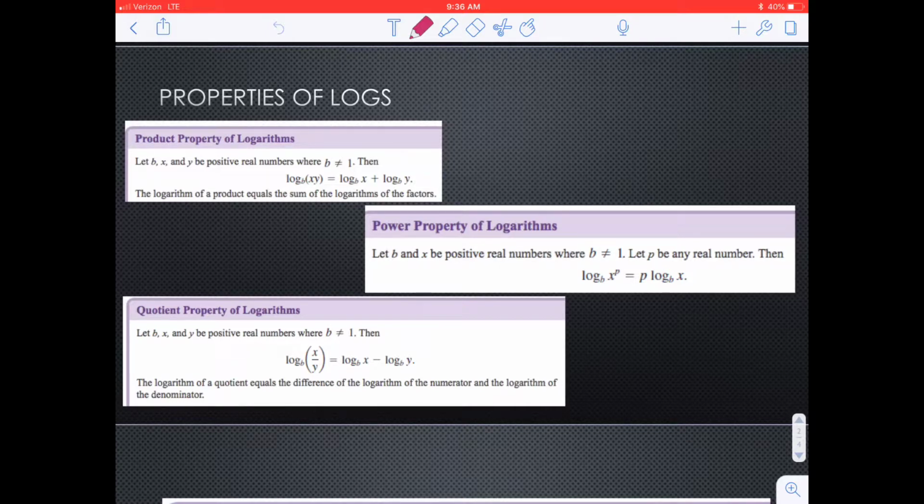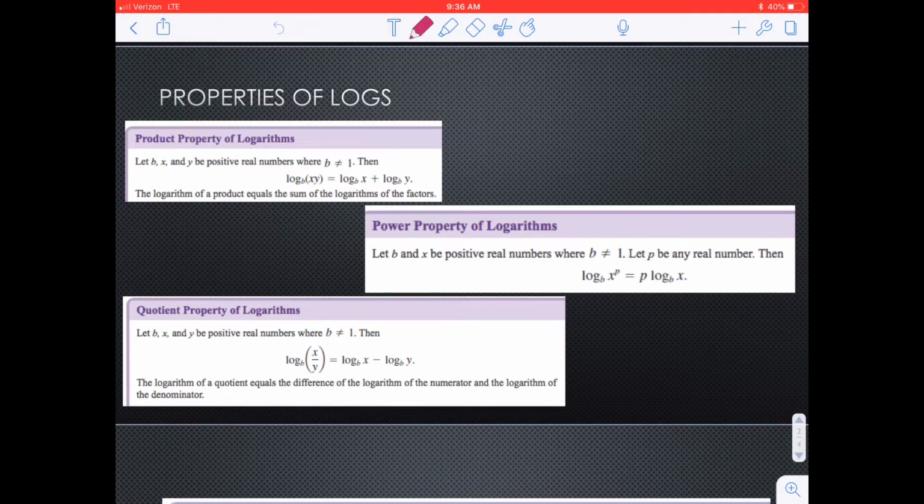So the logarithm of a quotient equals the difference of the logarithm of the numerator and the logarithm of the denominator. Again, if you're asked to write a single logarithm, then you would have log base b of x divided by y. But if you are asked to expand your logarithm, you would have the log base b of x minus the log base b of y. Okay.